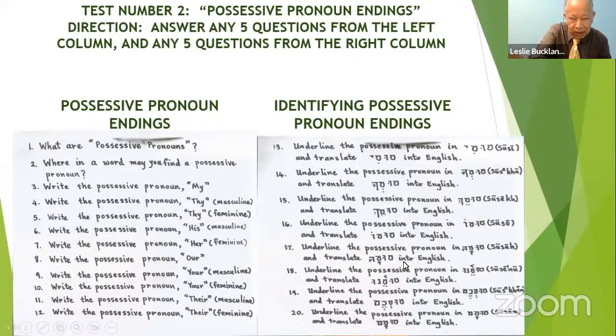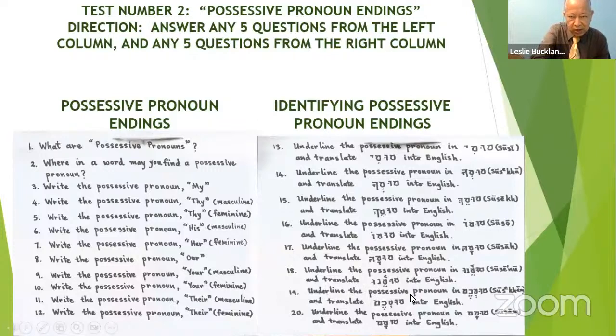Translate susa into English, that would be her horse. Underline the possessive pronoun in susenu. Well, here it is. You have the tsere, the nun, and the shurek, the E and U ending. Translate susenu into English, that would be our horse.